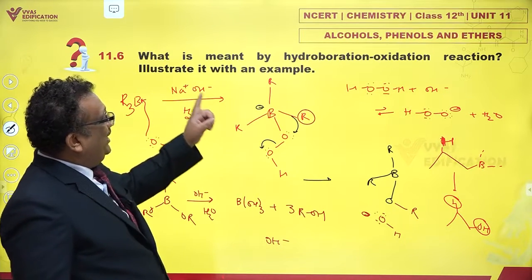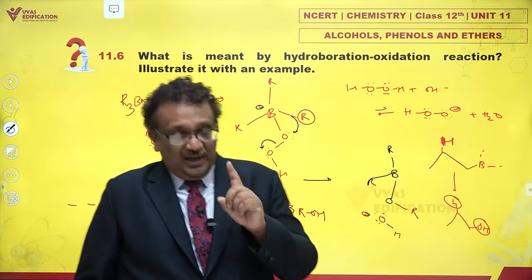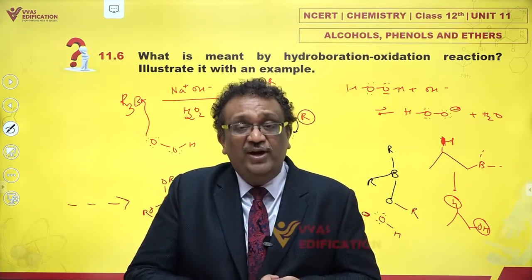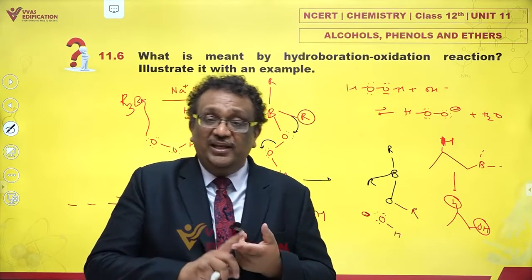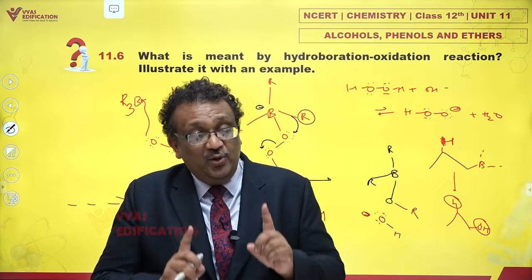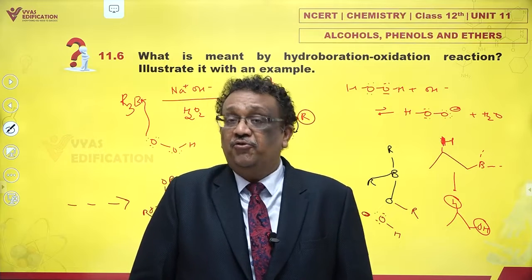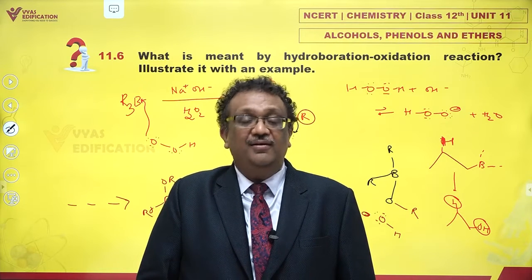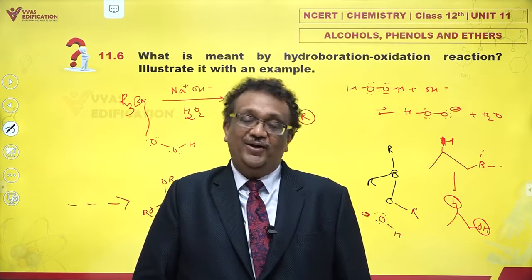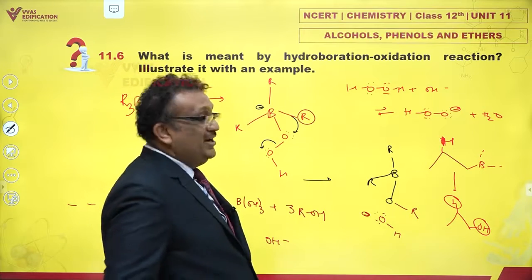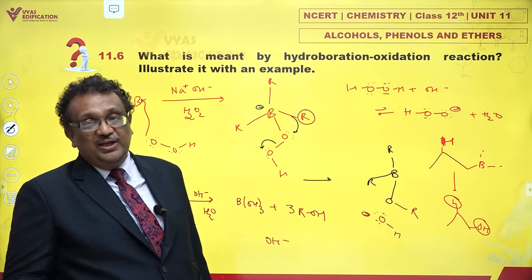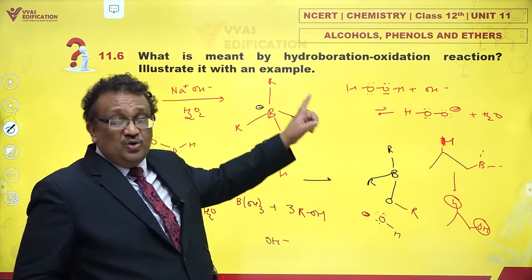So what is meant by hydroboration-oxidation reaction? I repeat, hydroboration is the reaction of an alkene or alkyne with B2H6 in dry ether. The product of the reaction is trialkyl borane. Addition of H and BH2 groups to alkene or alkyne is hydroboration. What is oxidation?